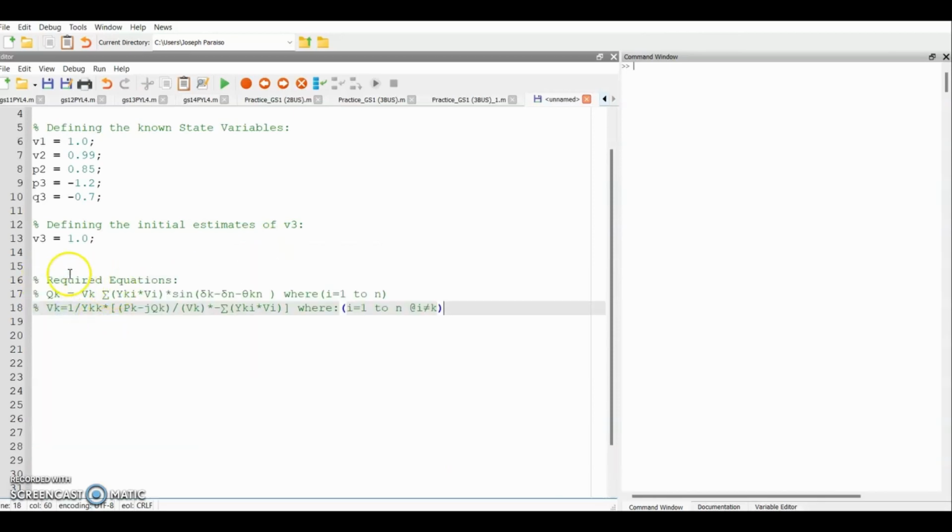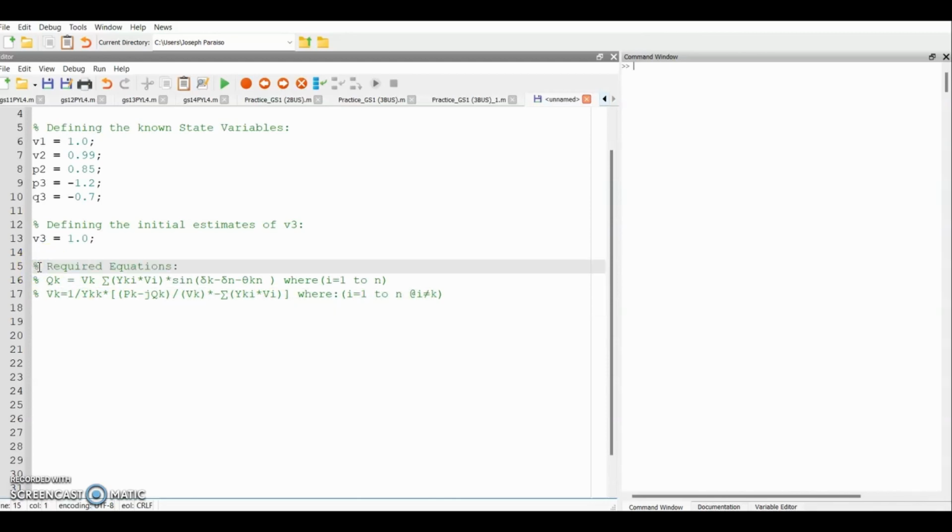So our equation is Qk is equal to Bk summation of Yki times Bi times sine of delta k minus delta i minus delta kn, where i is equal to 1 to n.